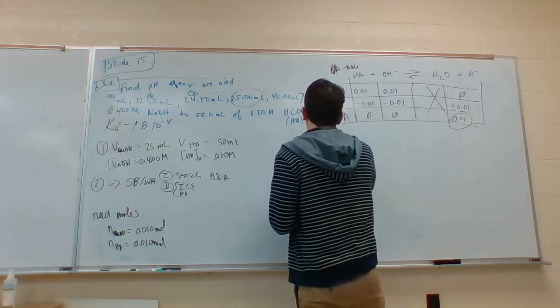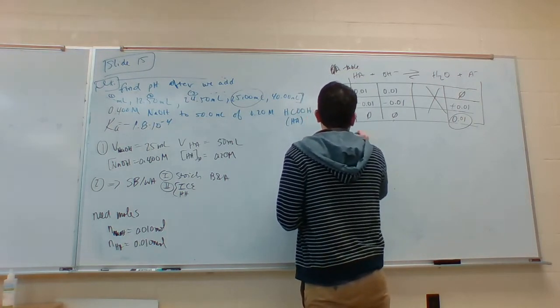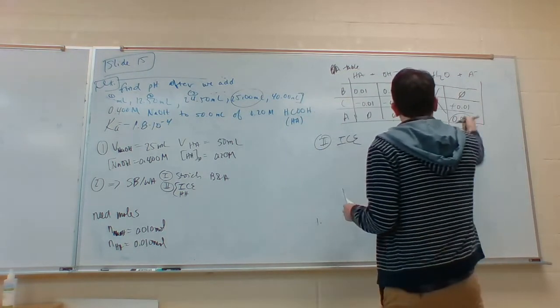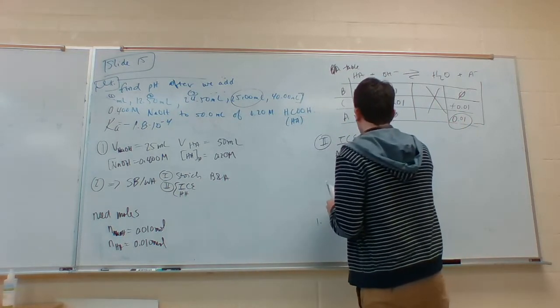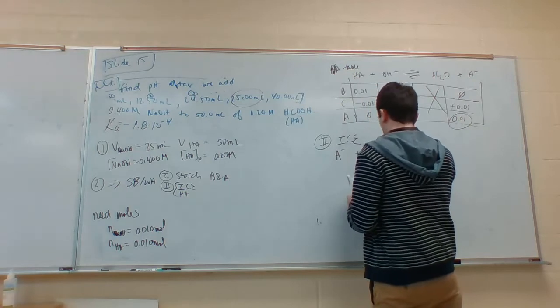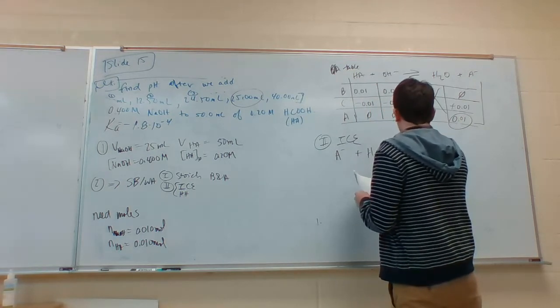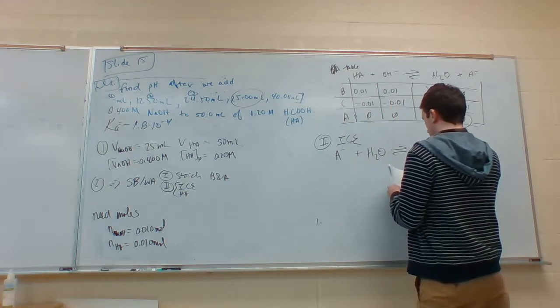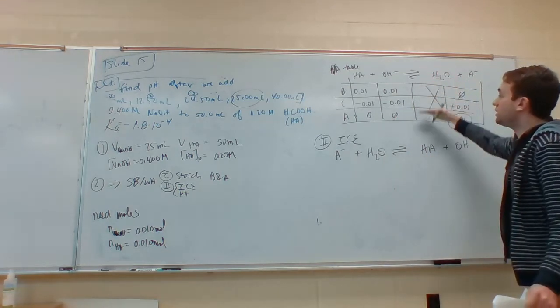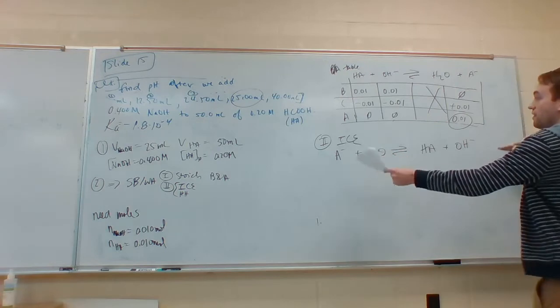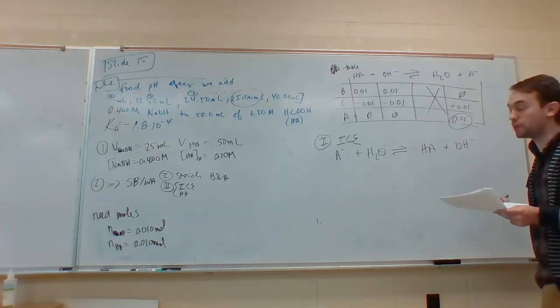So for part 2, we do an ICE table, okay? Starting with A minus. Now, A minus plus H2O, what does that do? Well, that goes to HA plus OH minus, right? Remember, we're treating this like it goes to completion and then establishing our equilibrium, okay?